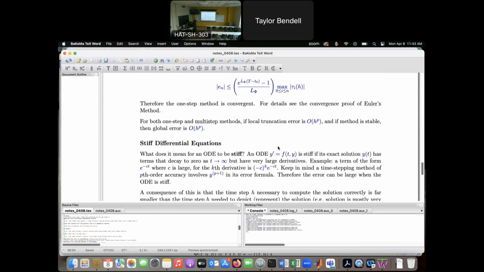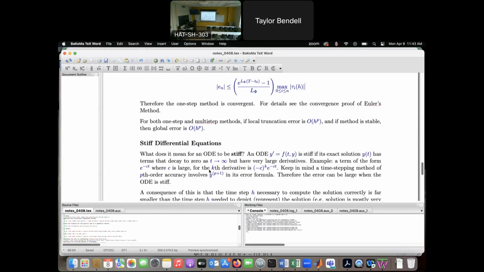So, let's suppose your exact solution has a term of the form e to the minus ct, where c is a large constant, assuming c is positive. So that's an exponentially decaying term. As t gets larger, that term is making hardly any contribution at all to the solution.